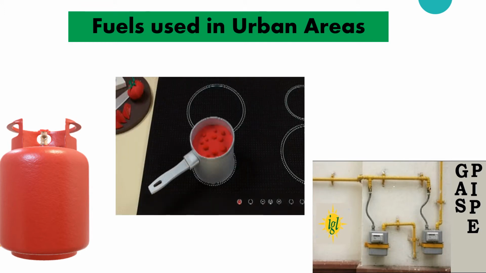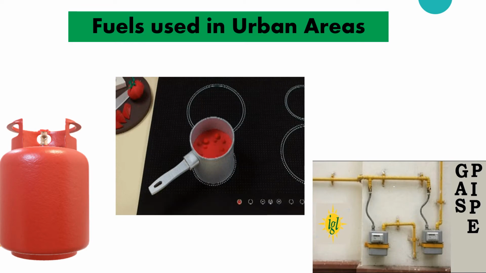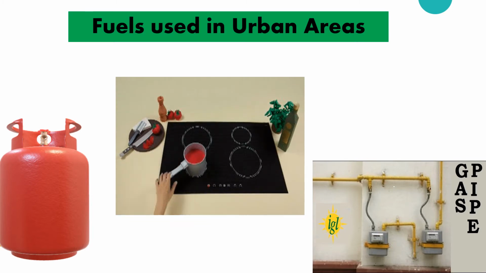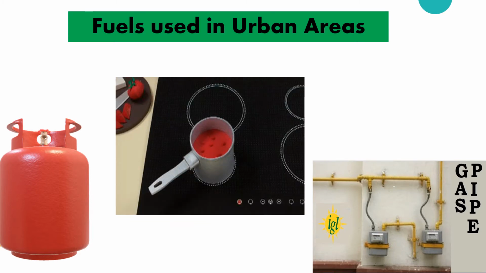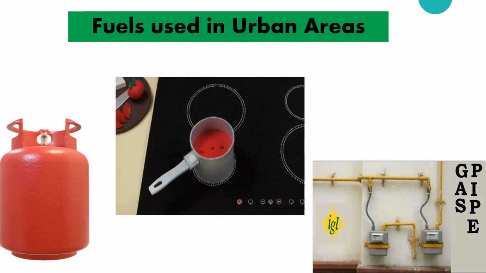Some people, they use induction cooktops which work on electricity. And all of us are aware that these fuels don't produce any kind of smoke inside the house. That means you can say that they are almost pollution-free fuels.